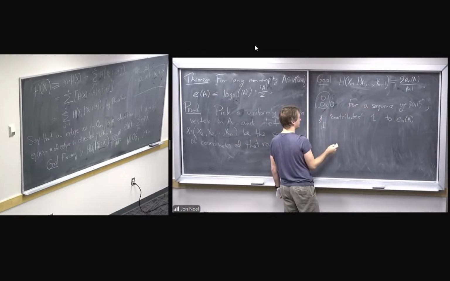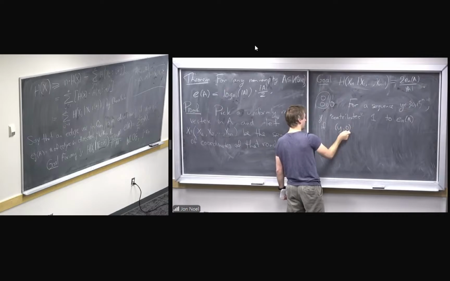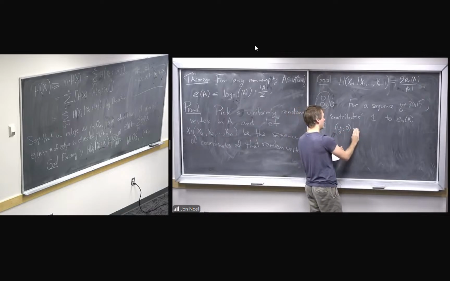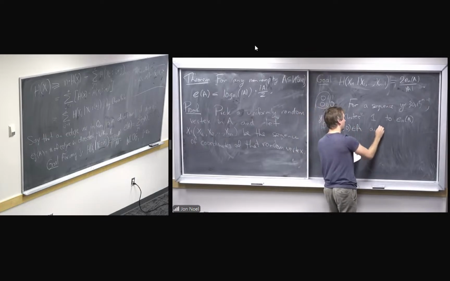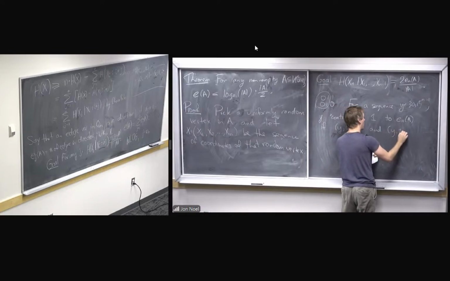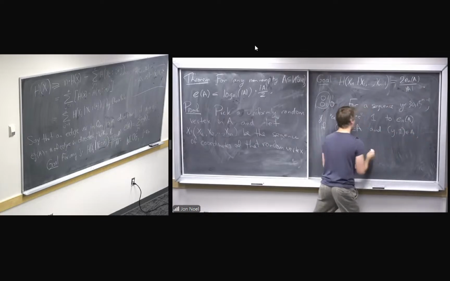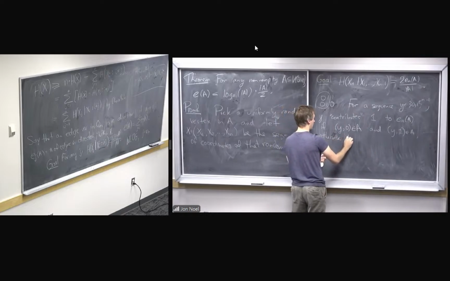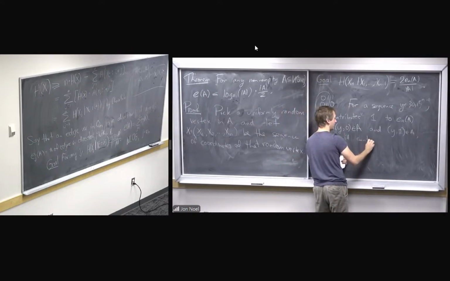if, I guess, if I write y comma 0, that just means put a 0 at the end of y, right? So if this sequence y,0 is in A and y,1 is in A, and otherwise it contributes 0.